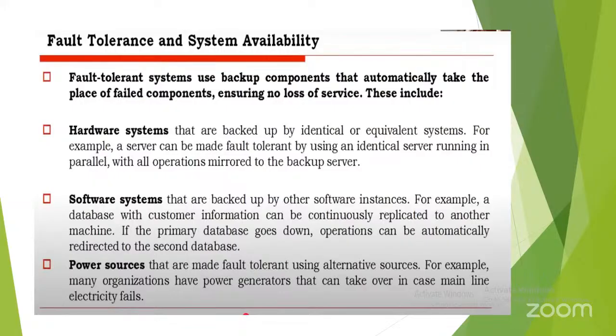And also software systems that are backed up by other software instances. For example, a database with customer information can be continuously replicated to another machine. If the primary database goes down, operations can be automatically redirected to the secondary database. It is there in the redundant array of inexpensive disks. So there are multiple places where your database will be stored.